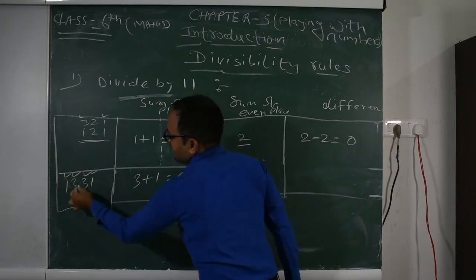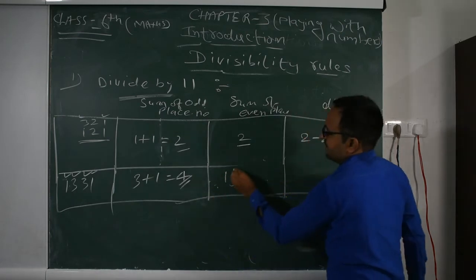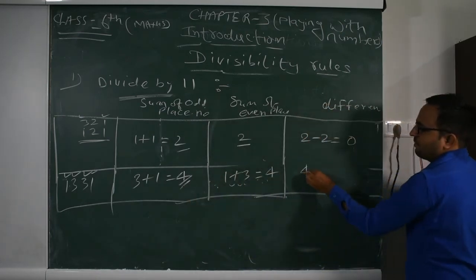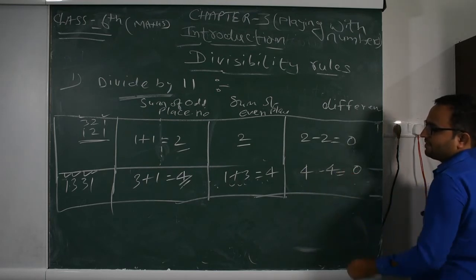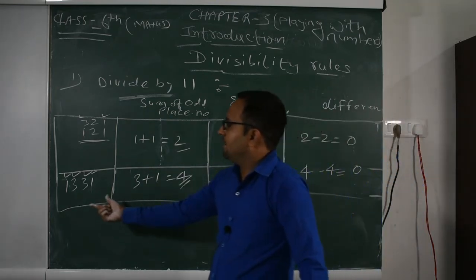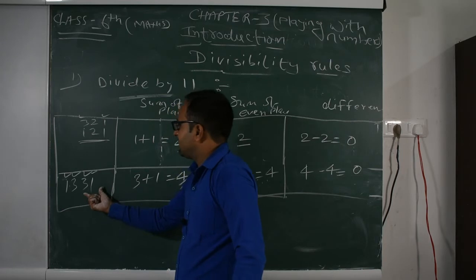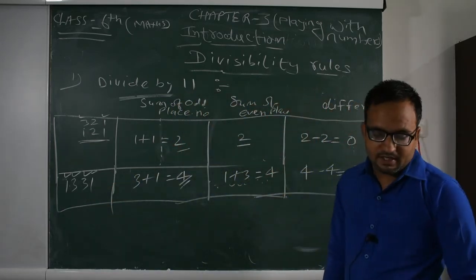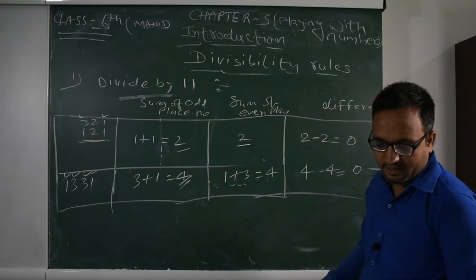Now we add the even place numbers, 3 and 1, so we get 4. Now we take the difference, 4 minus 4. Again we get 0. That means 1331 is divisible by 11. Okay, so this is the divisibility rule by 11.